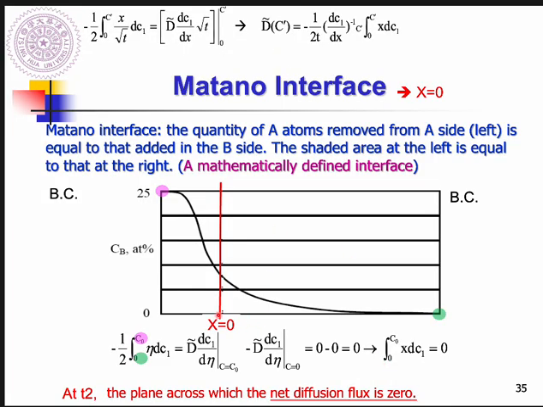Then, as long as you know this one, you can have this term, you integrate, then you need to tell me what C prime you are interested in. If here, then you can integrate from here to here. And also this term, right? And you also take the slope, the reciprocal of the slope. You will know here, then you can get D at this concentration C prime.